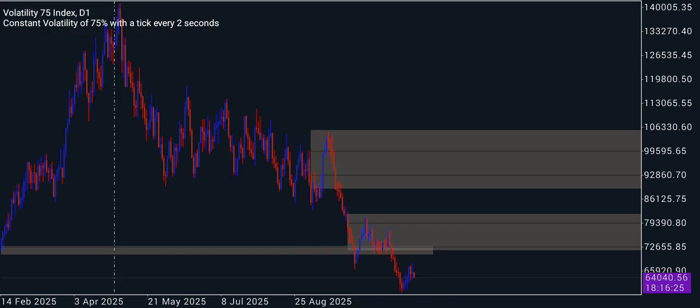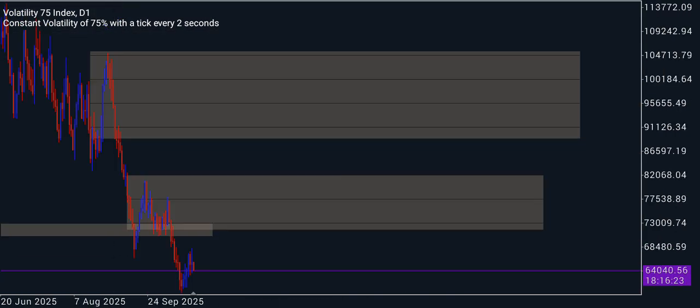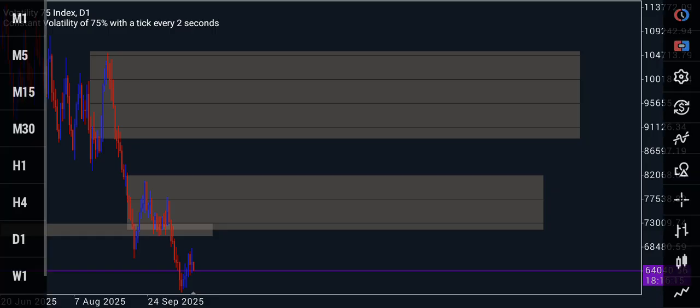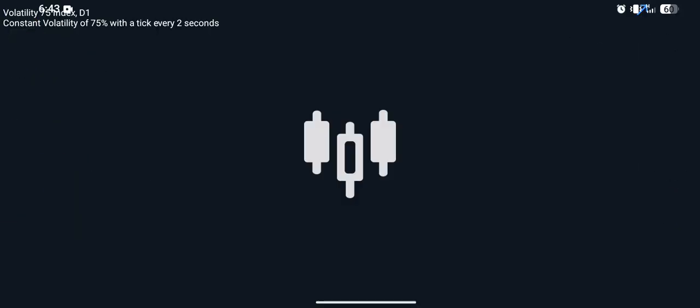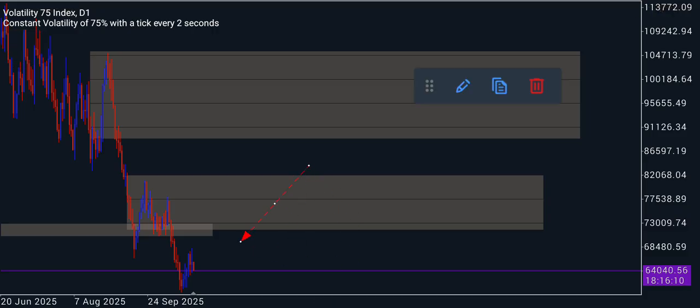We are currently in the daily time frame, and these are the two areas that we have marked. If the market gets to this area, for real, there is going to be some selling opportunity for us to sell the market.